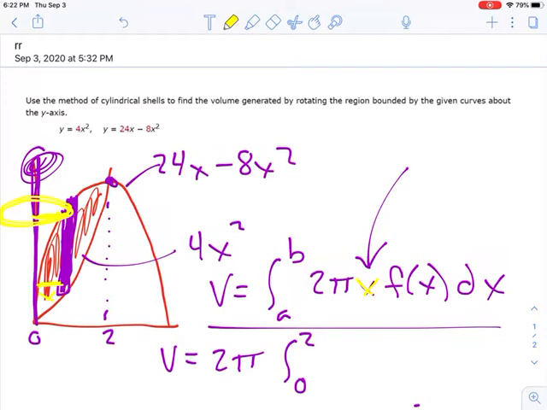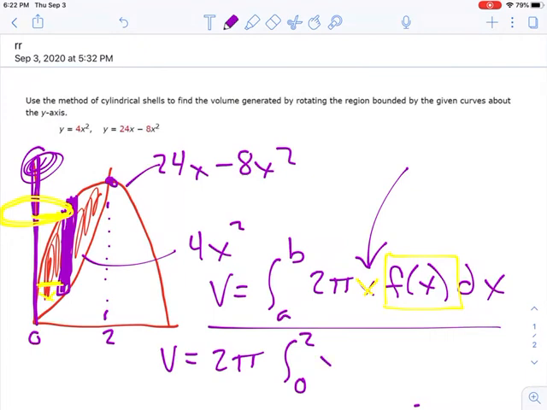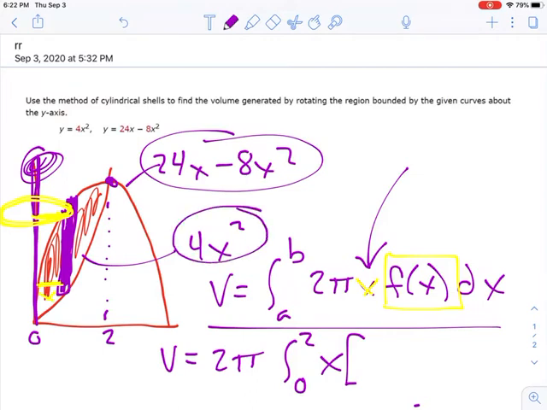But we have a catch in this, right? For f of x, we have two different functions. So the height of this rectangle is actually the difference between the two. So we're going to have x, but rather than f of x, we have to take the function that's on top, which is this one, minus the function that is on the bottom, which is this one, kind of like what you did when you were finding the area between two curves.